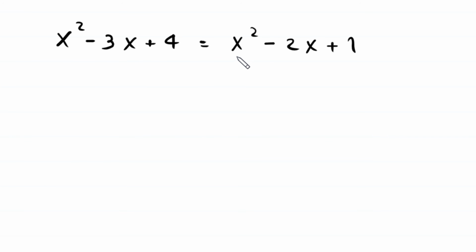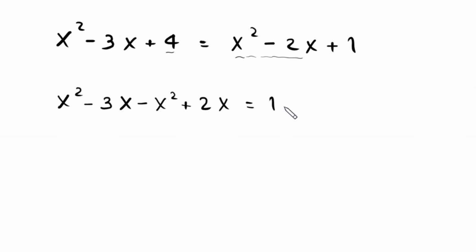Now we move this x squared and negative 2x to the left hand side and this 4 to the right hand side. The equation will become x squared minus 3 times x minus x squared plus 2 times x equal to 1 minus 4.